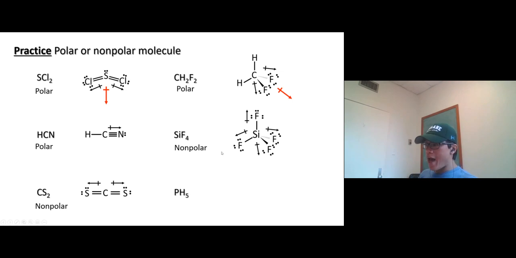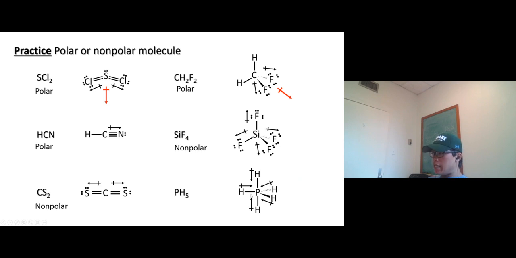Last one, we have PF5. This is a trigonal bipyramidal structure. Okay, let's see what's going on. In the P-F bonds, of course fluorine beats phosphorus. All of them point toward fluorine.